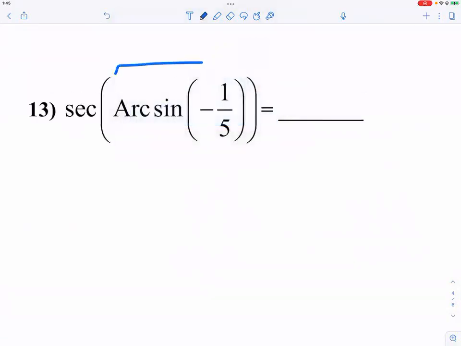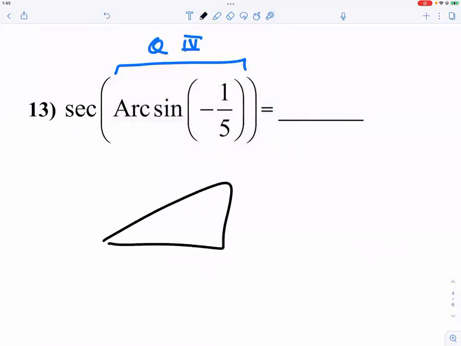So you always ask yourself, okay, this is an angle, so what quadrant does it sit in? Okay, which quadrant does it reside? So for this case, it will be in quadrant 4. And the triangle that we're going to draw is going to be like this.